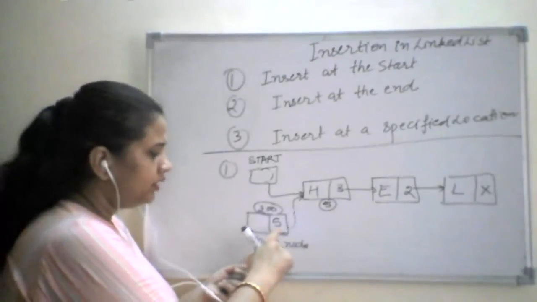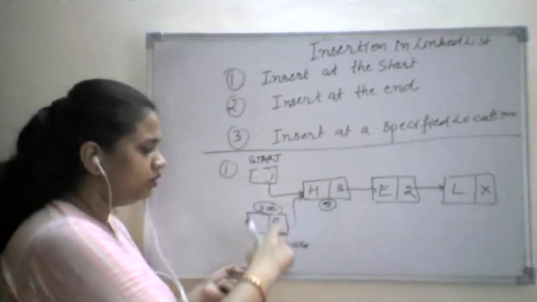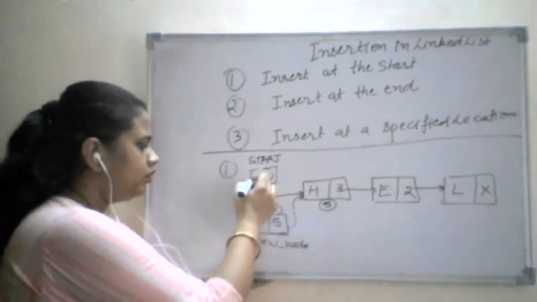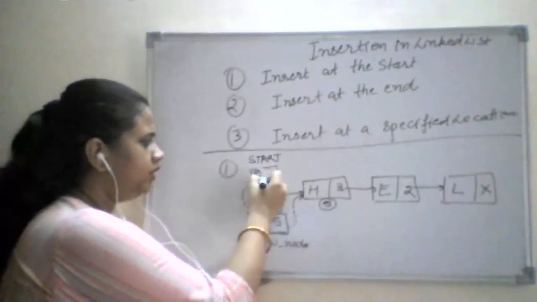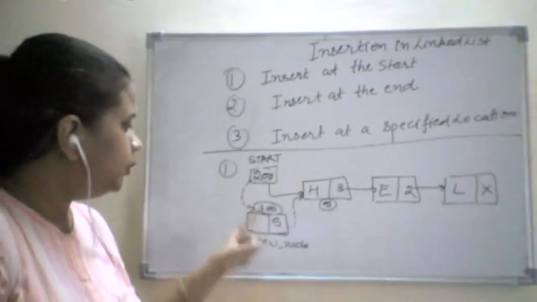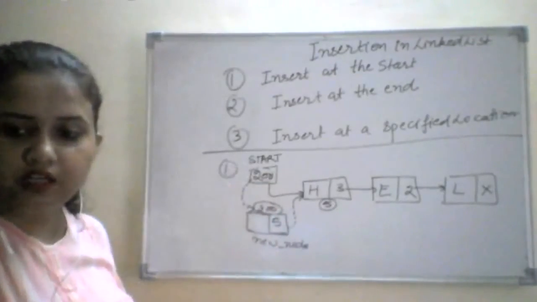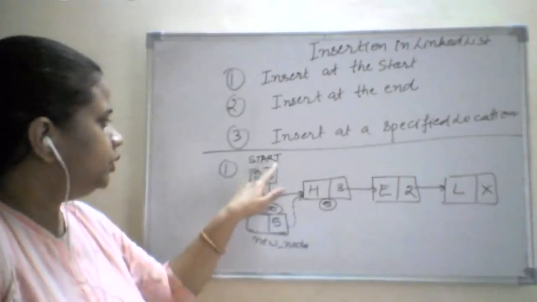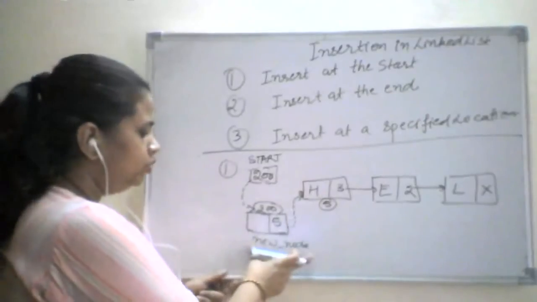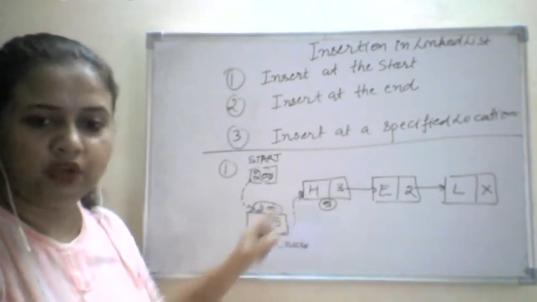So now you are able to copy this address from the start node to here. What you need to do now is copy address number 200 in your start pointer. Once you copy the address of this new node in this start node, your start will start pointing towards your new node instead of the way it was pointing earlier.